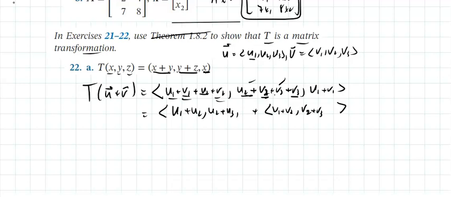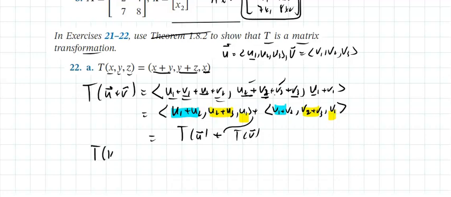And as for the last, can't I say this is u1 and this is v1? Again, remember, if you're taking the ijk components, you could only get the i to the i, the j to the j, and the k to the k. And wouldn't this be T of u plus T of v? So that shows it.